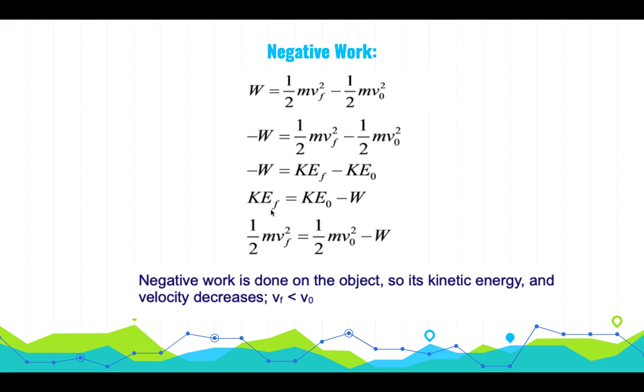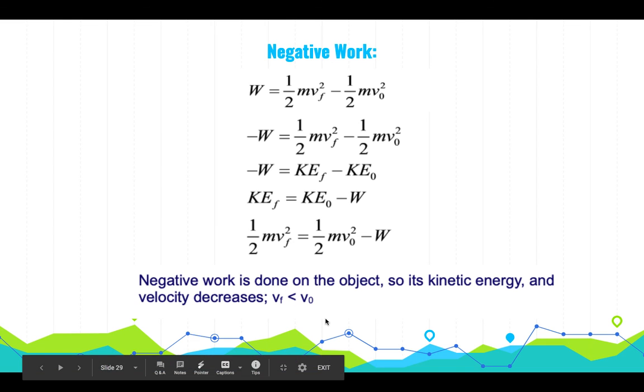Rearranging this, the final kinetic energy is equal to the initial kinetic energy minus work done. If negative work is done on the object, its kinetic energy decreases, so the final velocity will be less than the initial velocity.